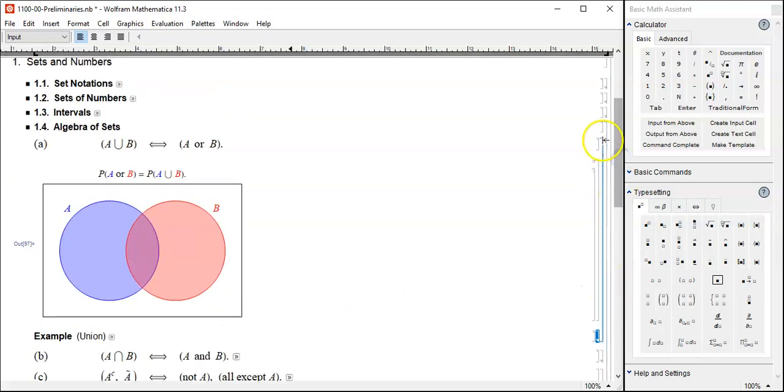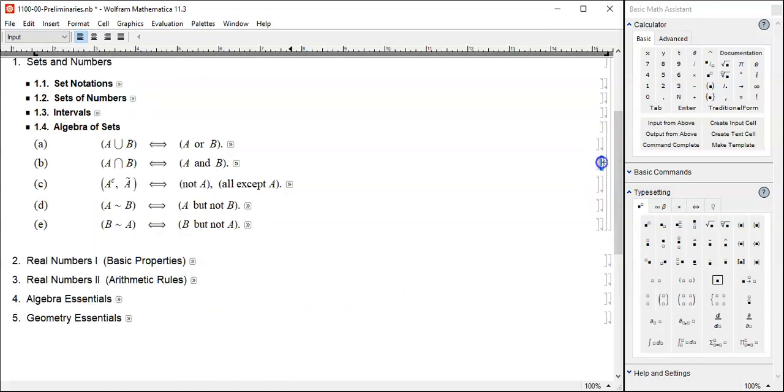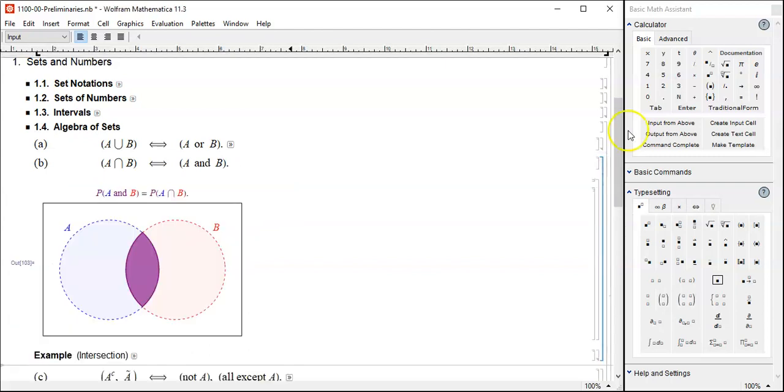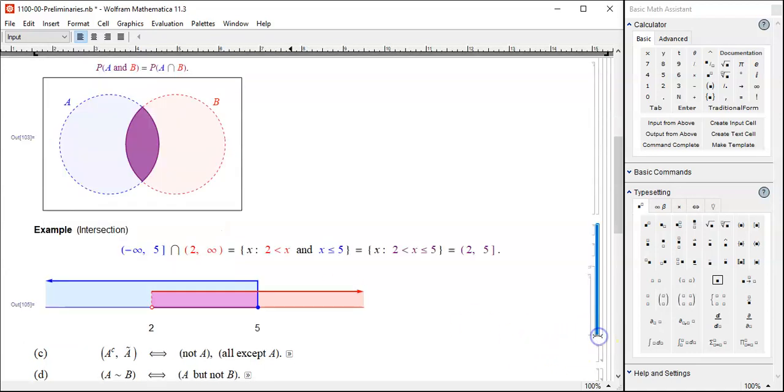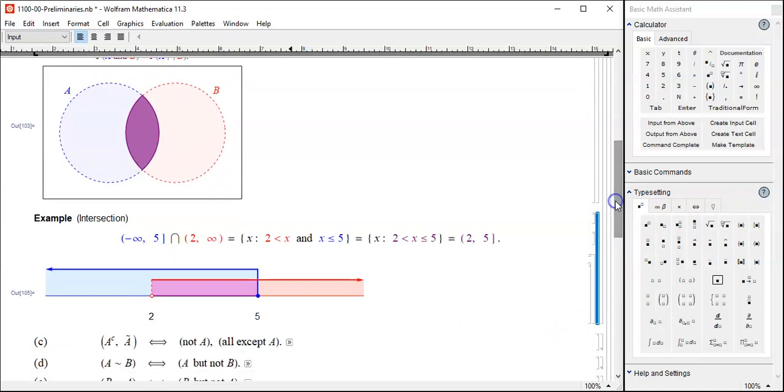So union will make the set larger, and here's the other way around, intersection, which will make the set smaller. A and B. Logically, intersection corresponds to and. So it must be part of A and also part of B, so only this part, the intersection part. Here's a concrete example that appears in algebra exercises.